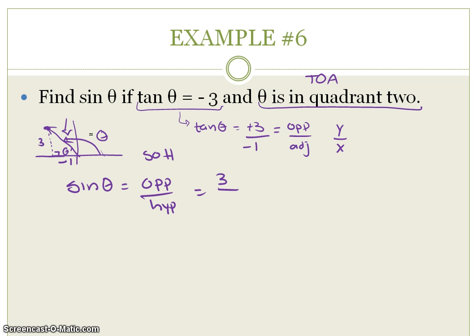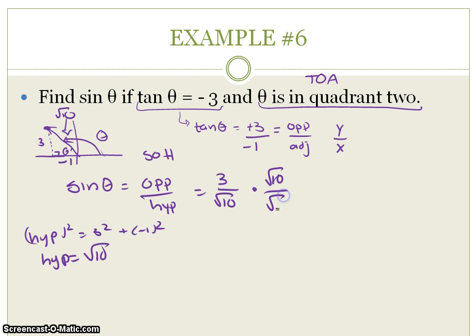So to find the hypotenuse, we are going to use the Pythagorean theorem. So I know that the hypotenuse squared is 3 squared plus negative 1 squared. So the hypotenuse is the square root of 10. 9 plus 1 is 10. So the hypotenuse is square root of 10. So it's 3 over square root of 10. So I'm going to rationalize. So we have 3 root 10 over 10, and that is the simplified answer.